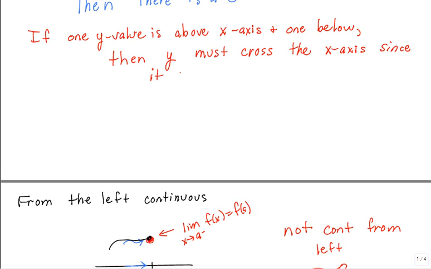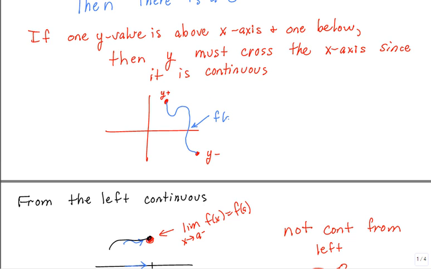It has to connect. So basically, if one's above the x-axis, that means y is positive here, and one's below, y negative, then the graph must, since it's continuous, however you want to do it, it must cross. This is where f of c is 0, and this is your c value.